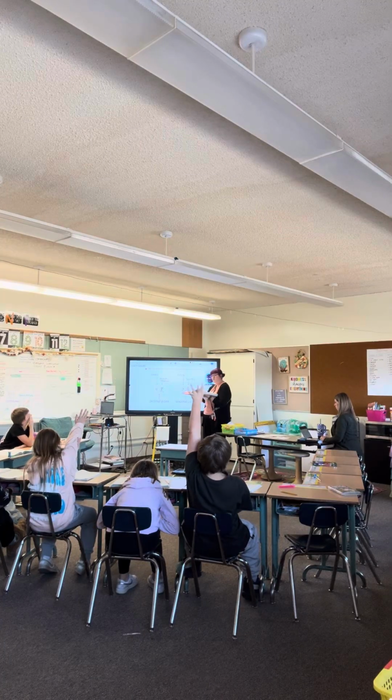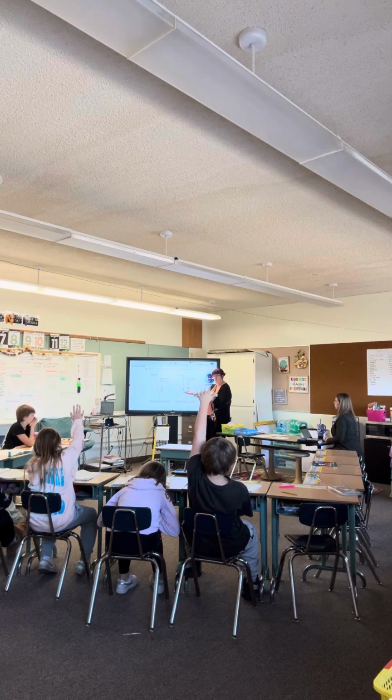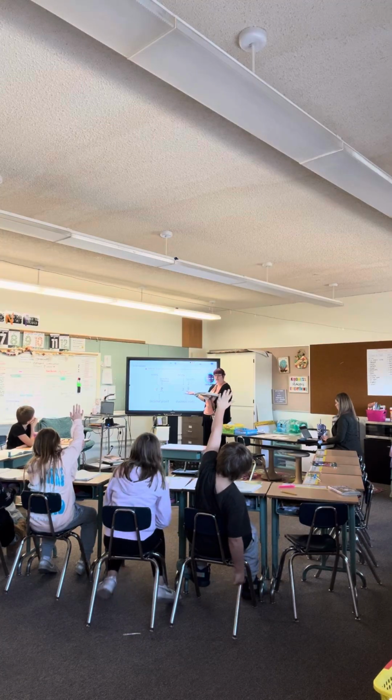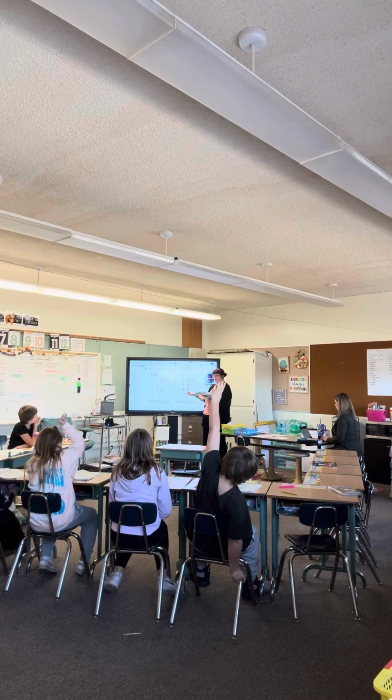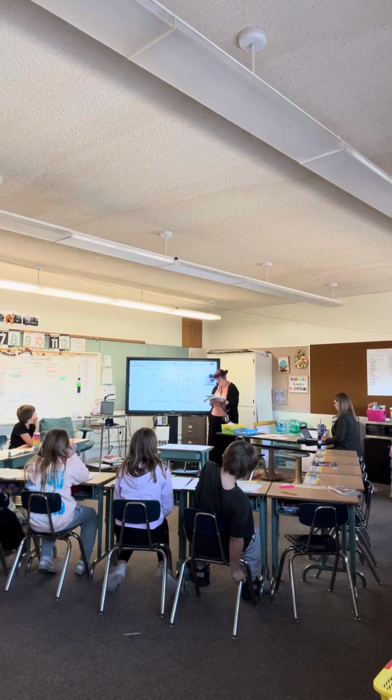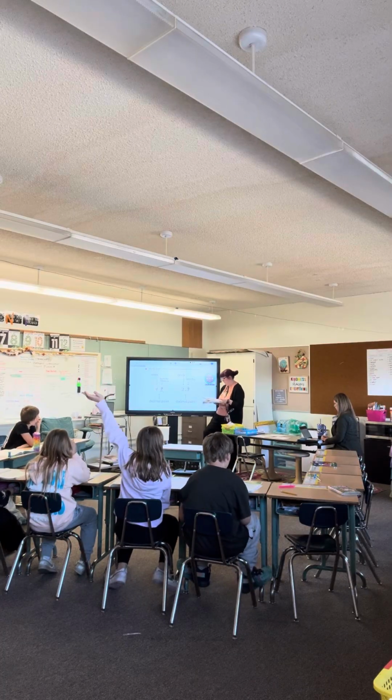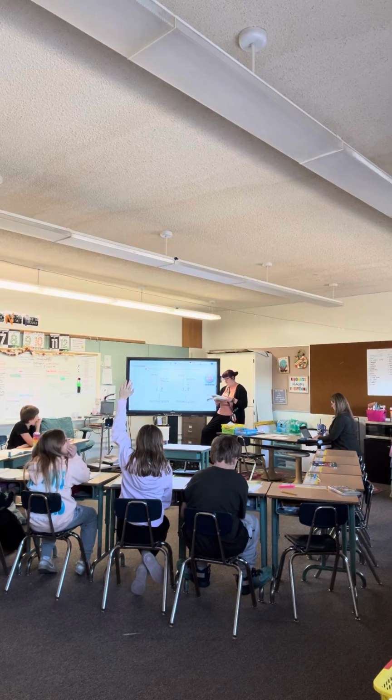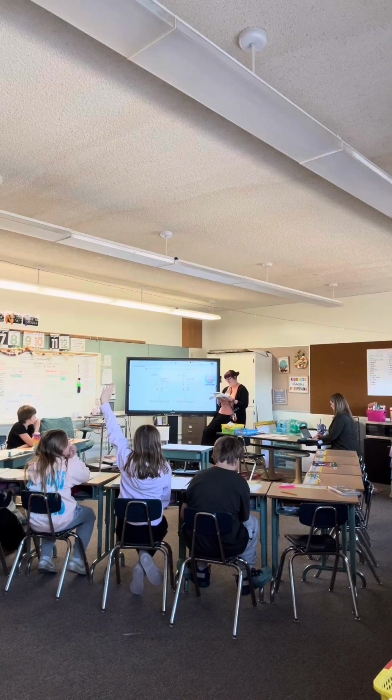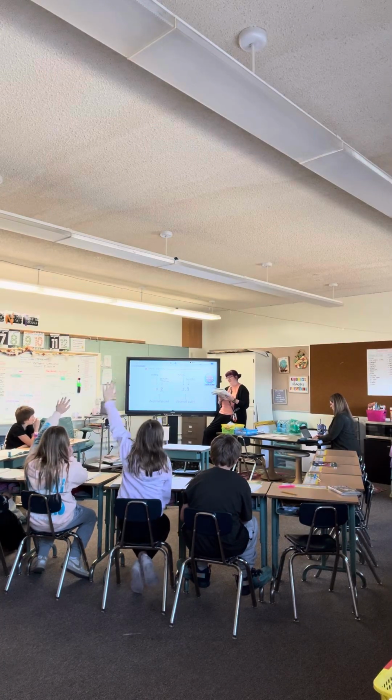What about 2.4? What's another way to say it? Corbin? 2 wholes, point, 4 tenths. Okay, I'll take the 4 tenths.